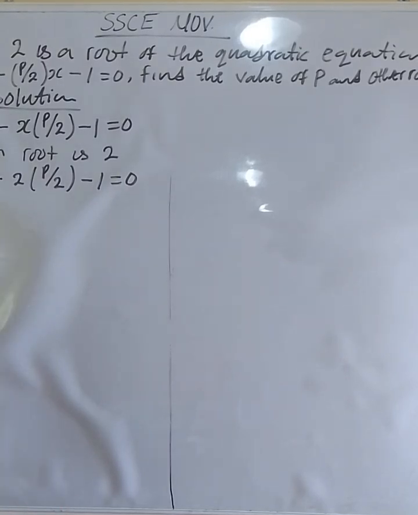So having done that, the next thing we are going to do is open the bracket. Now we have 2 squared, it means 2 times 2. So we have 4 minus. Now this 2, are we together? What we have here is as good as 2 over 1 times p over 2.